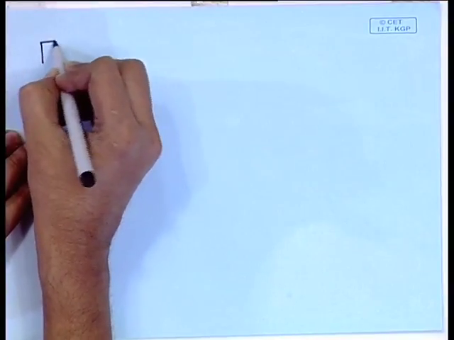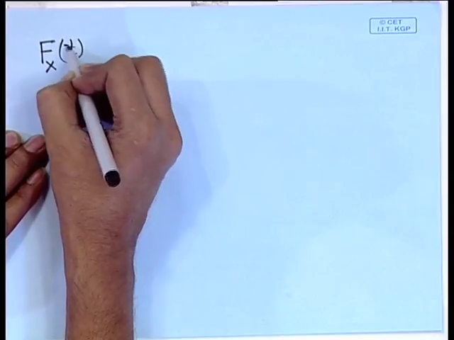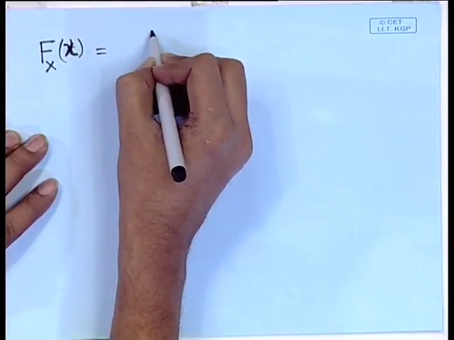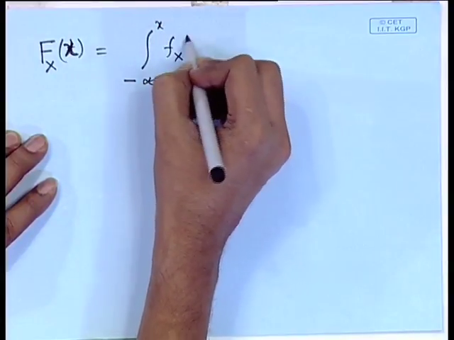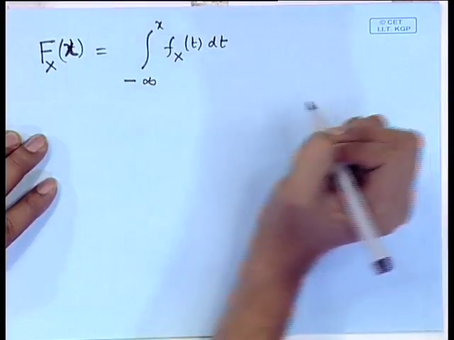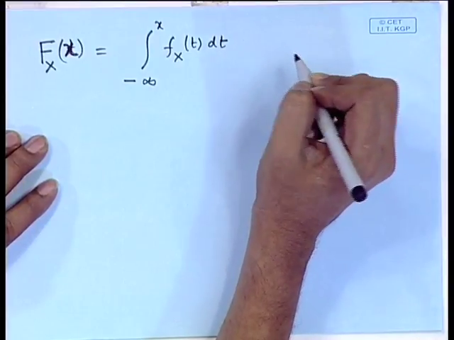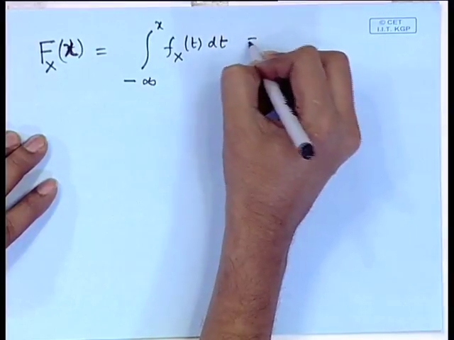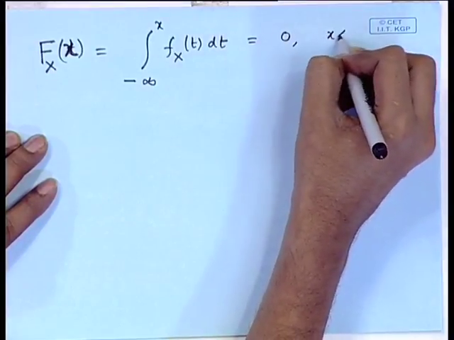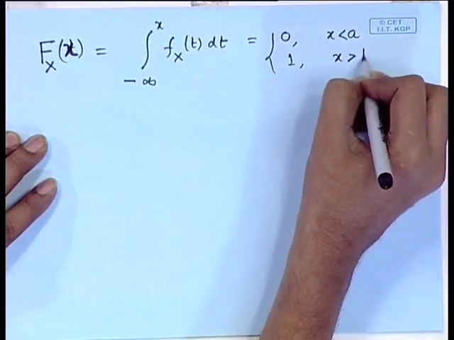We also look at the plotting of the cumulative distribution function, that is, integral from minus infinity to x of f(t) dt. Since the density is 0 up to a and beyond b, this is going to be 0 for x less than a, and it is going to be 1 for x greater than b.